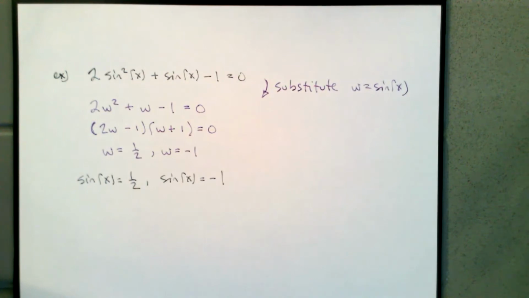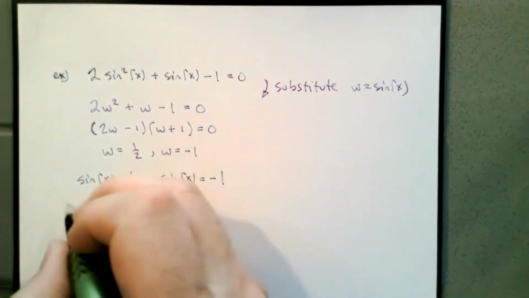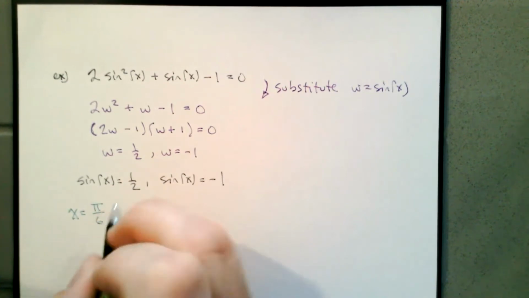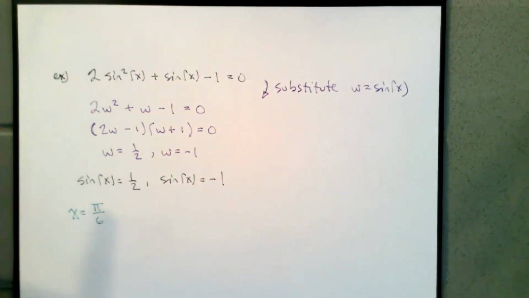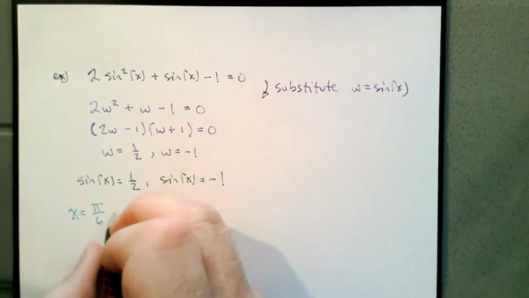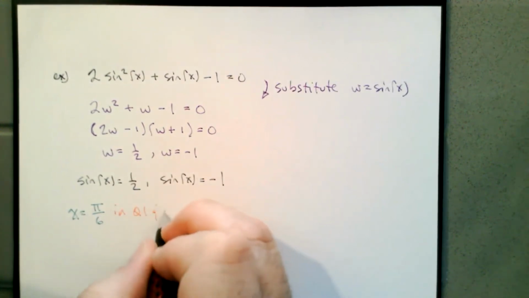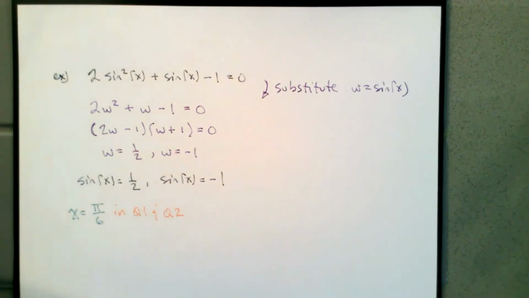Now things have changed. Now for sine of x equals 1/2, my reference angle is going to be 30 degrees. So 30 degrees. And we're going to put it in the quadrants where sine is positive. So this is going to go in quadrants 1 and 2. Oh, now I'm back to these numbers. So I'm going to put pi over 6 in quadrant 1.